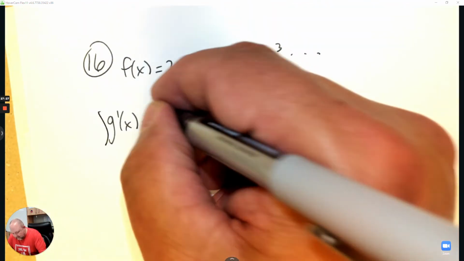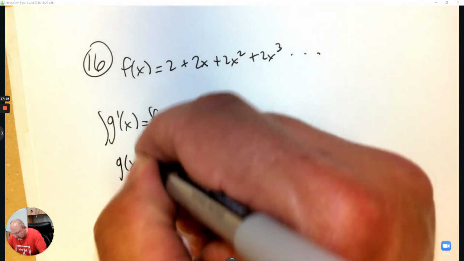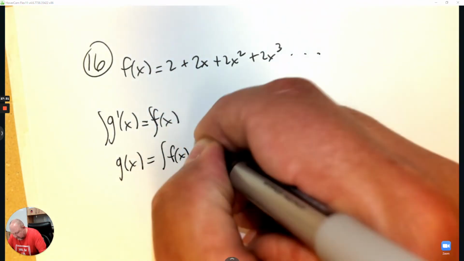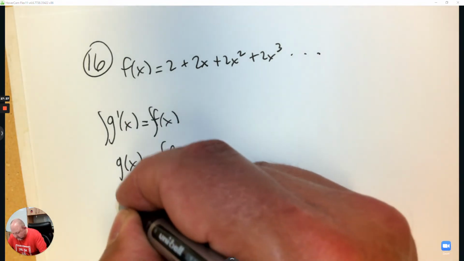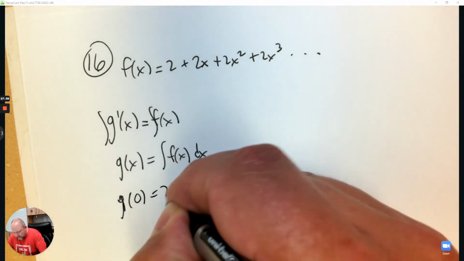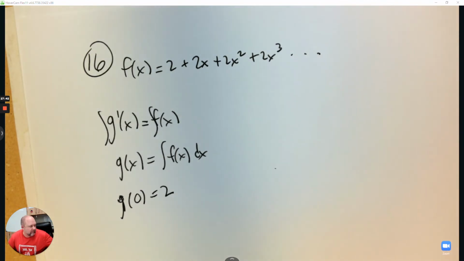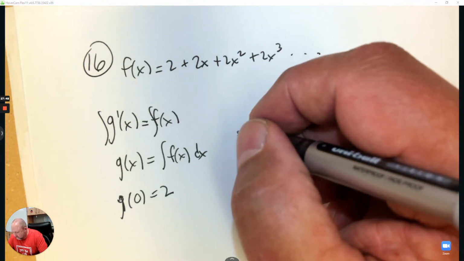So if I integrate this, g at x equals the integration of f at x dx. It also says g at 0 equals 2. And then it says, what does g at x equal?